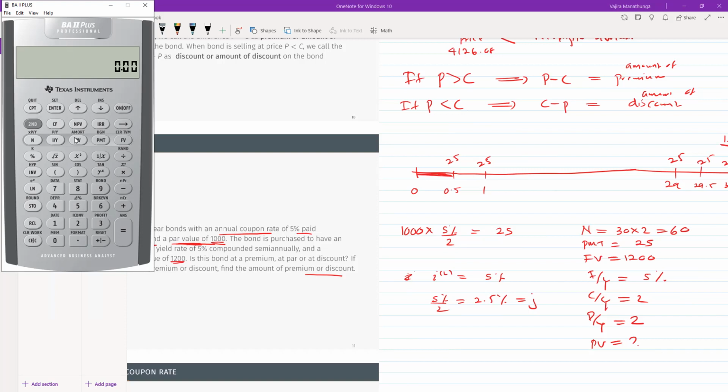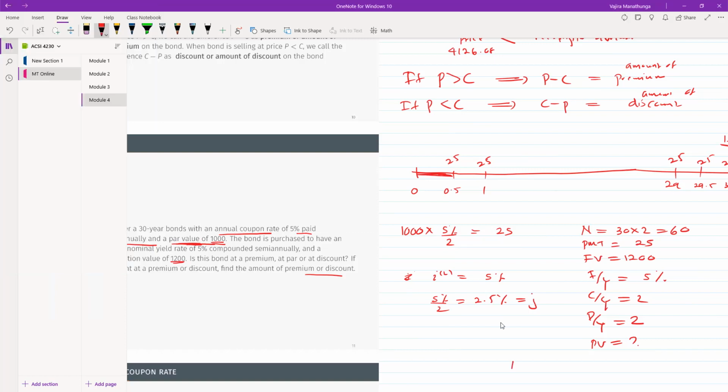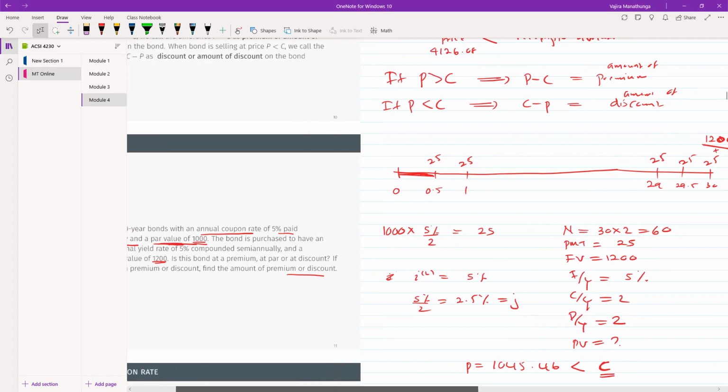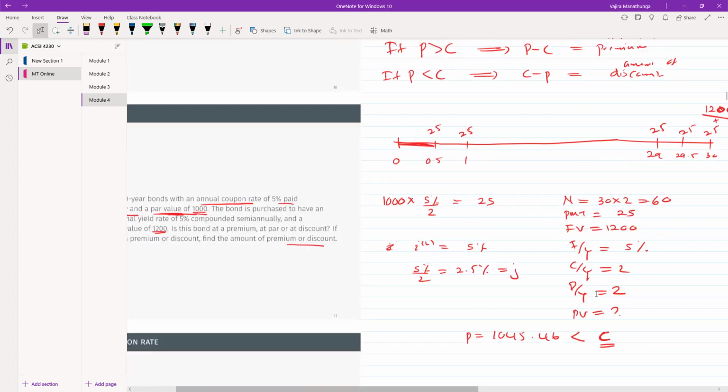And then compute present value: 1,045.46. That's the price. Now this is less than the redemption amount. The redemption was 1,200. So that means it was bought at a discount.